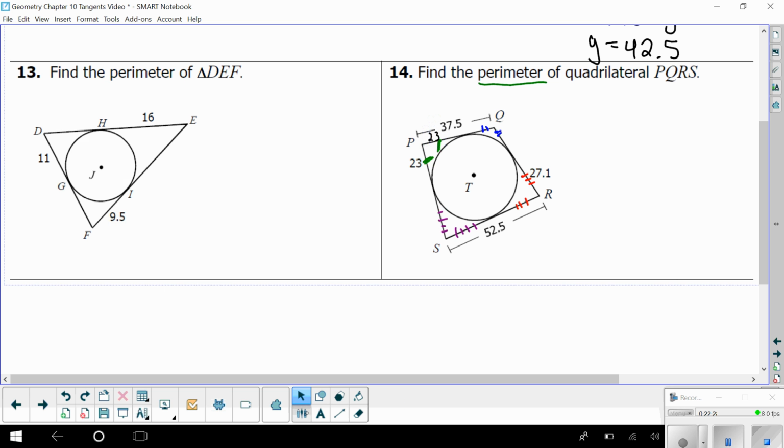If that's 23, then 37.5 minus the 23 is 14.5. So 14.5. I'm doing it this way because I have to shrink it. That goes right there.